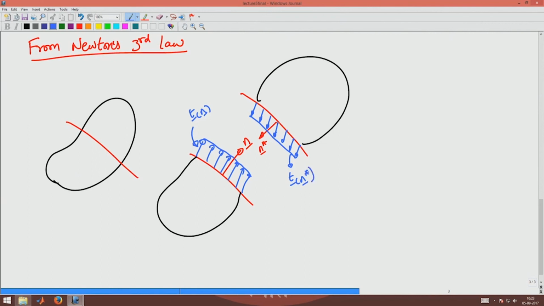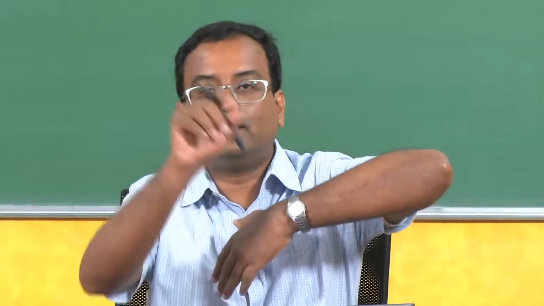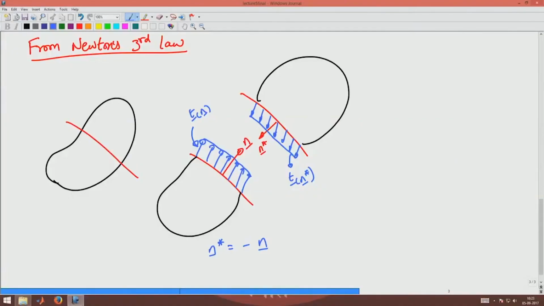What do you know between n and n star? N star would be minus n, right, because these are outward normals, one is pointing like this, the other normal would be pointing outwards in the opposite direction, but they are unit vectors, so the direction would be like this. Okay. Now what can I say about T's of n and T's of n star? According to Newton's third law, T's of n plus T's of n star has to be equal to 0.